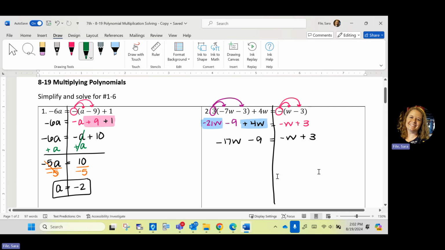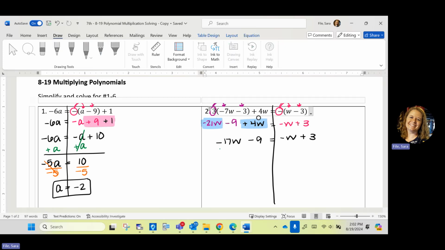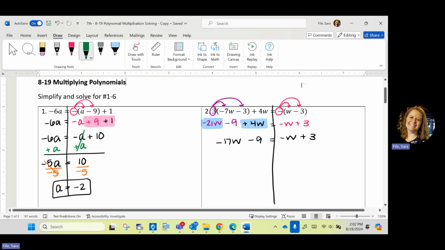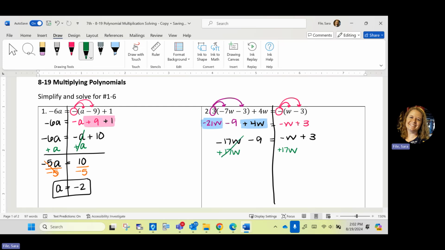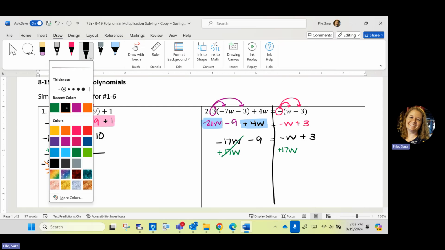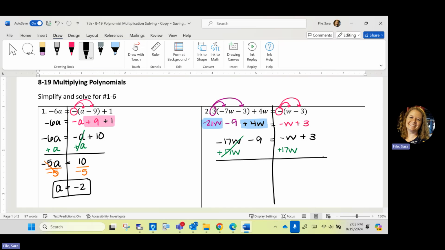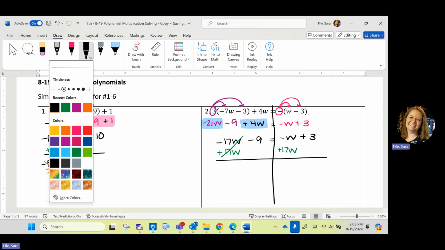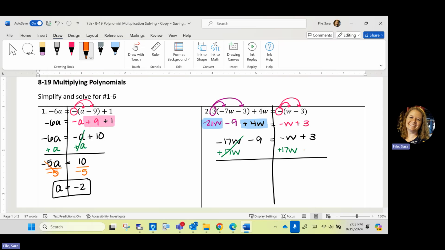So I'm going to add the 17W to both sides because what we do to one side, we do to the other. And it eliminates from the left. Now, I can do this all in one line, or you can do this in a separate line, whatever your preference is. But because I moved the W's to the right, I know I need to move the constants to the left.